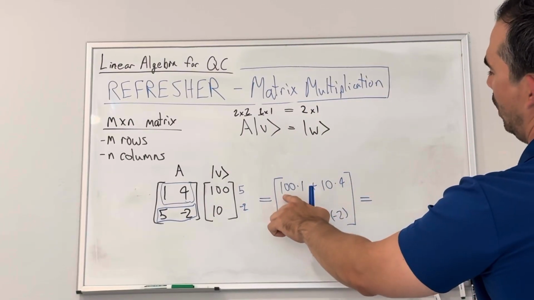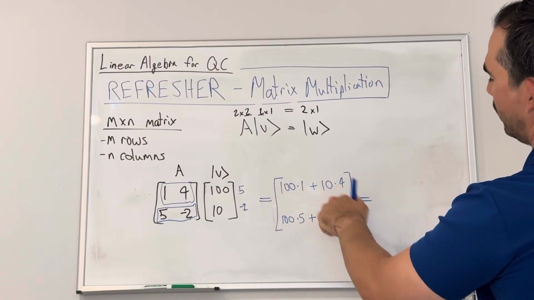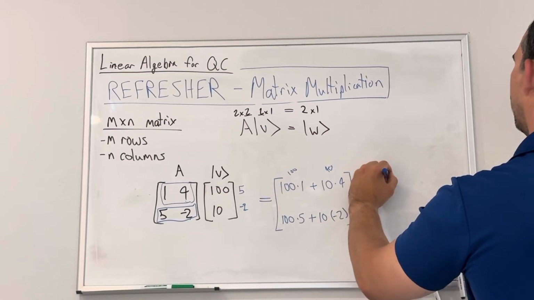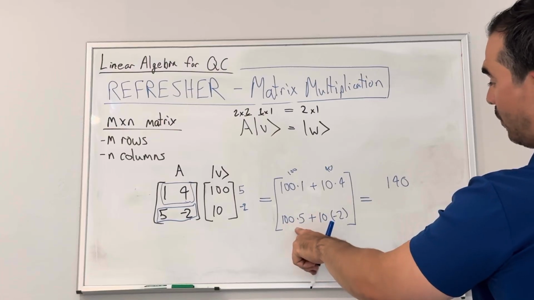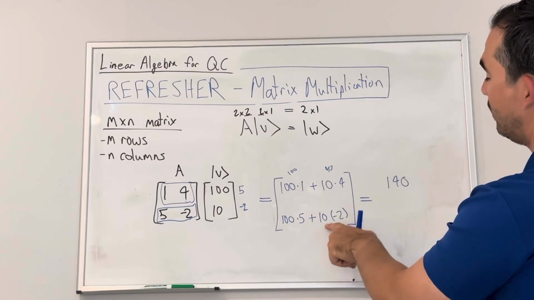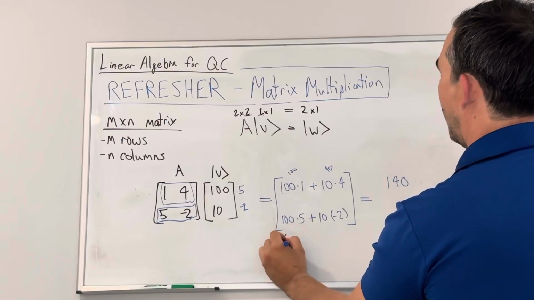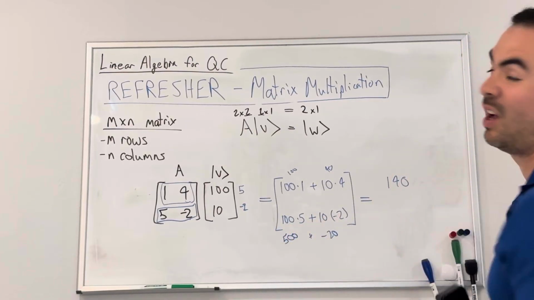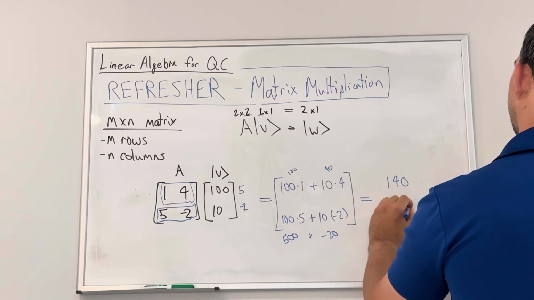What does that equal? 100 times 1 is 100, plus 10 times 4 is 40, so 100 plus 40 gives me 140. Then 100 times 5 is 500, and 10 times negative 2 is negative 20, so 500 minus 20 gives us 480.